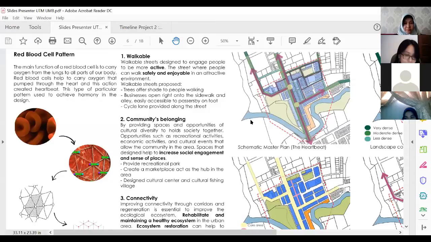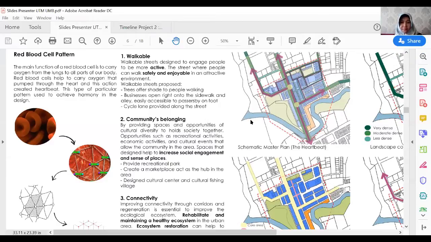And the last one is connectivity, to show the connectivity within the site by bringing back the mangrove ecosystem, to maintain and create a healthy ecosystem in the urban spaces.